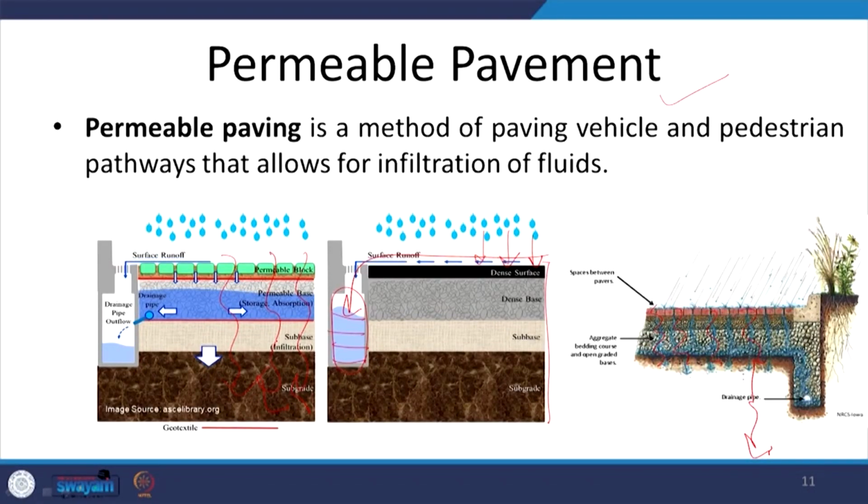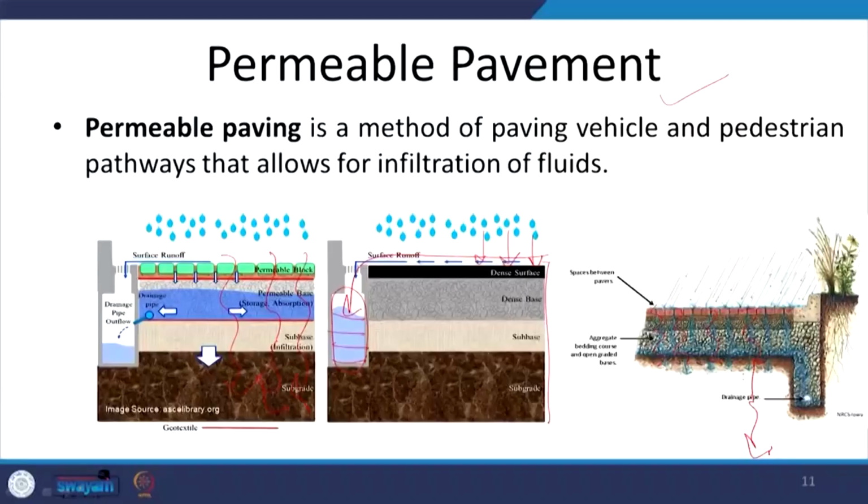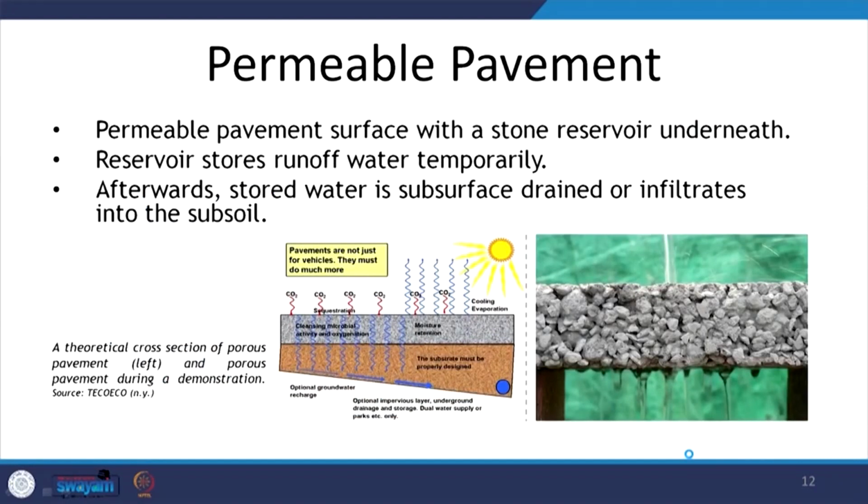Now, this is a very good strategy for our streets, for our roads, which have to be lined, which have to be paved, but we can have permeable pavements there where there will be more percolation to the ground. A lot of research is actually happening on permeable pavement, so that pavements on roads actually allow for groundwater percolation.